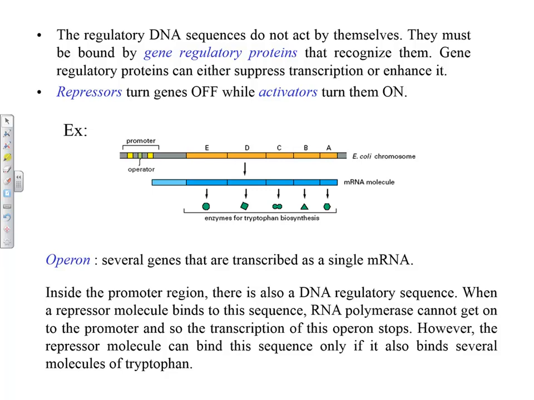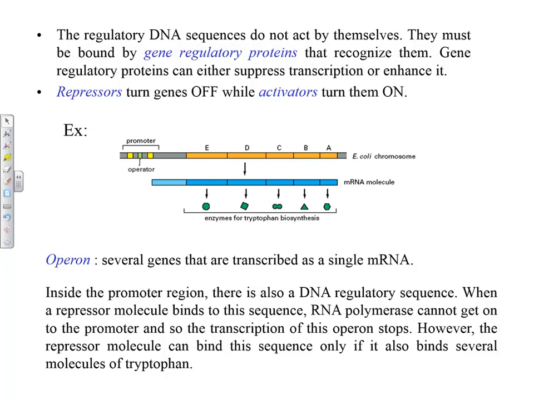So the operon is basically several genes transcribed as a single mRNA. That happens in bacteria. In eukaryotic cells, one gene results in one mRNA; you're not going to have several proteins coded in the same mRNA. Now inside this promoter region, there is also a DNA regulatory sequence. When a repressor molecule binds to this sequence, RNA polymerase cannot get on, and transcription will stop.